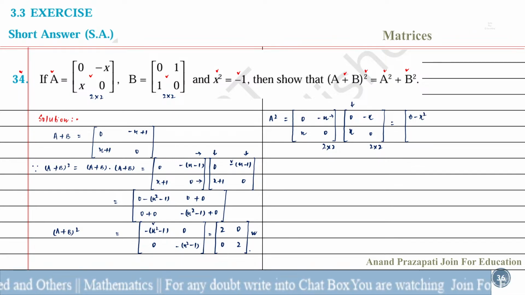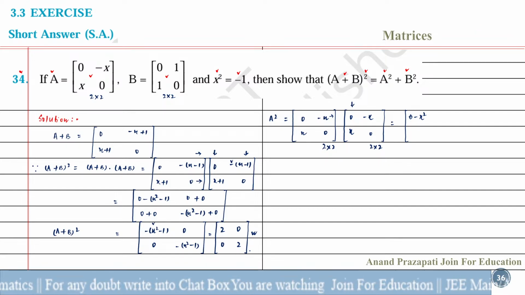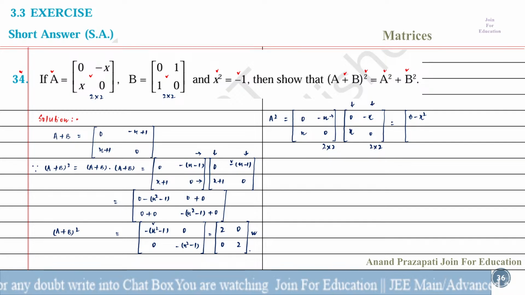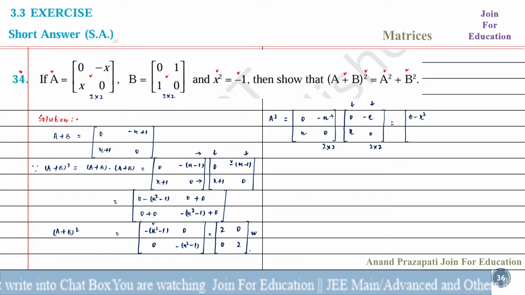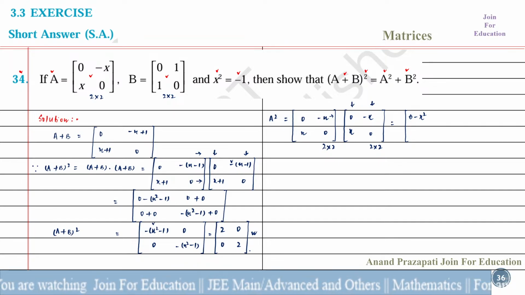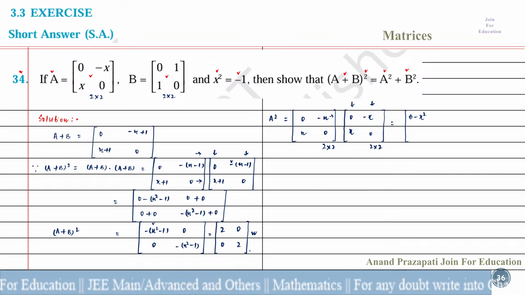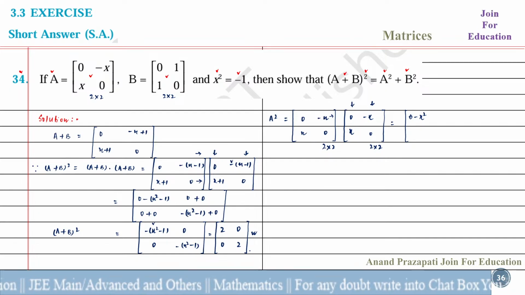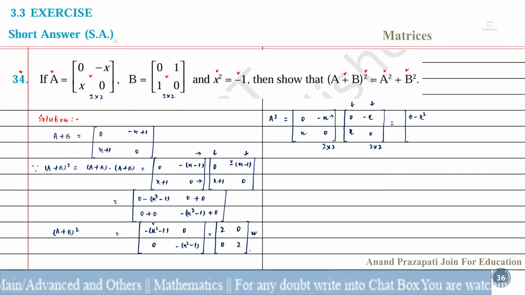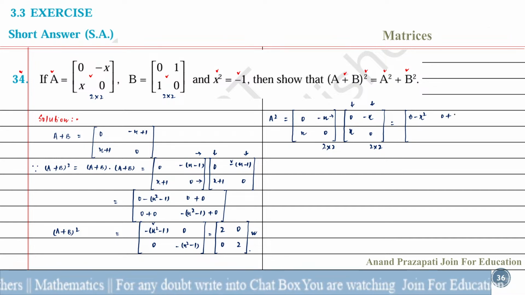Observe there is no problem to understand up to this step. First row along the second column, to get the second element of the first row, we multiply the corresponding element. 0 into minus x equal to 0, minus x into 0 equal to 0. So, we write down here 0 plus 0.